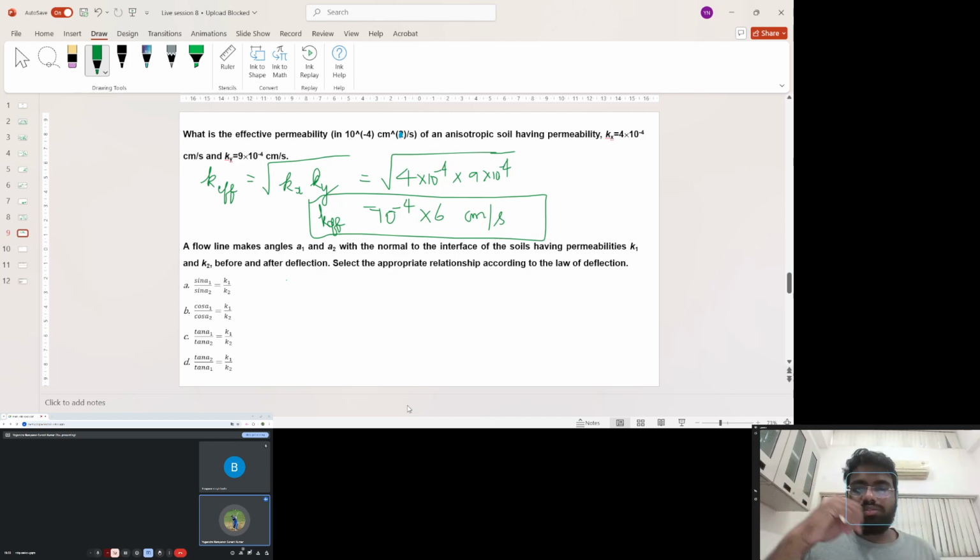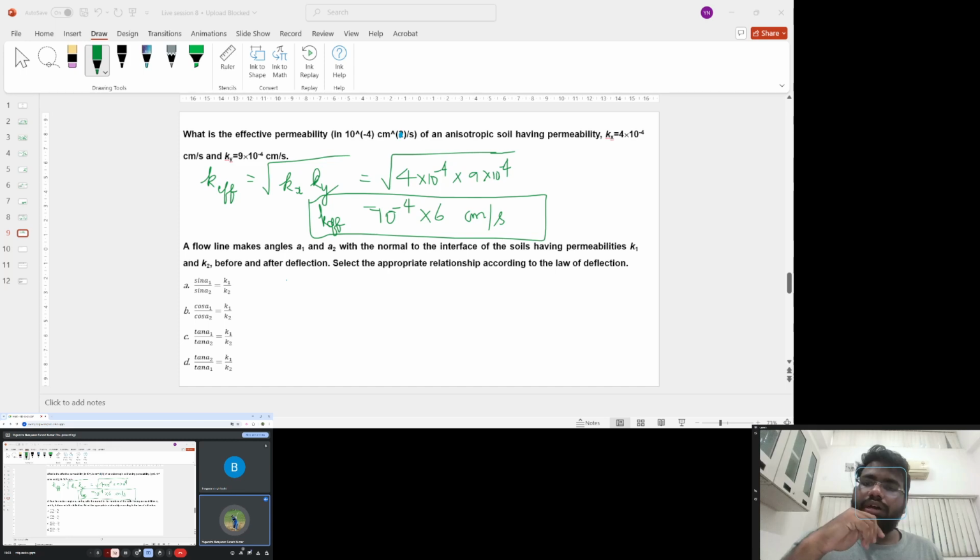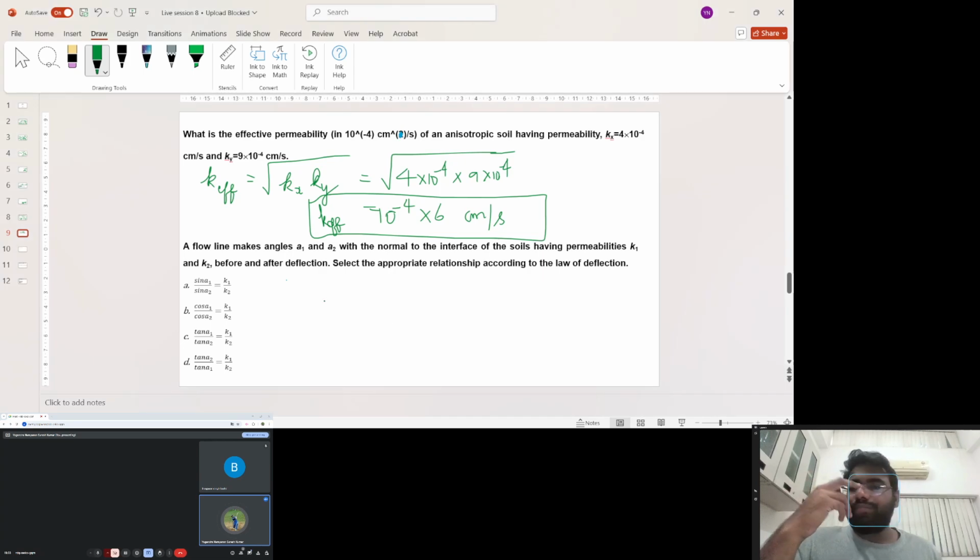I hope the similar kind of problem we have solved in the previous week also, so you should not be facing any issues in this. So now coming to the next question. The flow line makes angle A1 and A2 with the normal to the interface of the soils having permeability K1 and K2 before and after deflection.